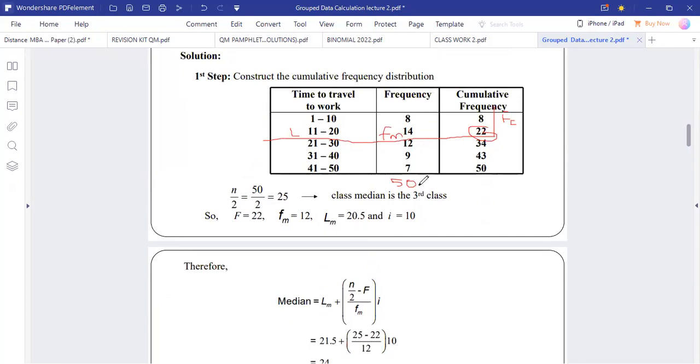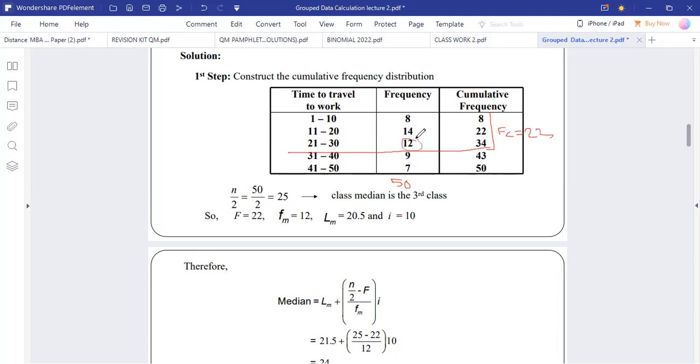So I said this is 50, half of 50 is 25. Which number first exceeds 25? 34. The number above this one is called your FC. So our FC is 22. Then the number next to this 34 is called your FM.